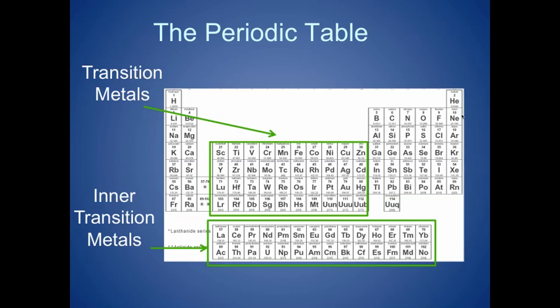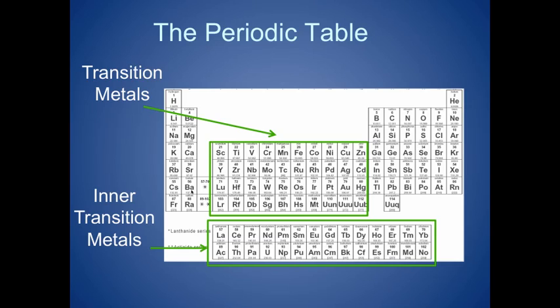Two different classifications are the transition metals and then the inner transition metals. So right down here in the middle, these are the transition metals. They're transitions maybe in a sense because you have metals and then they transition. You end up on the nonmetal side over here, and we'll talk about that in just a minute. The inner transition metals, and remember, these are not a separate periodic table.